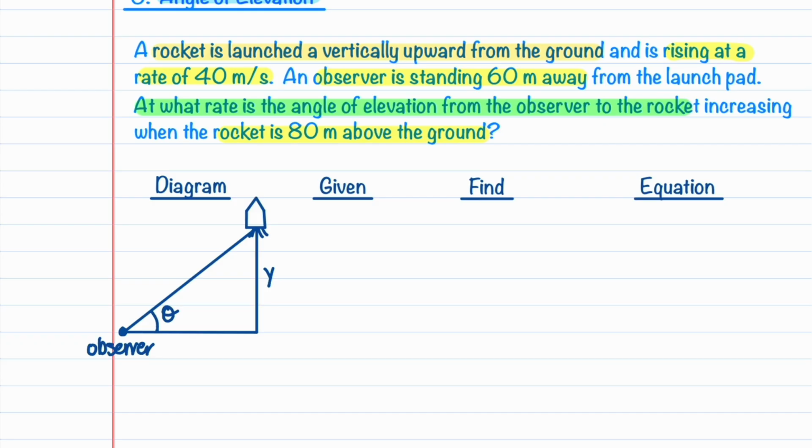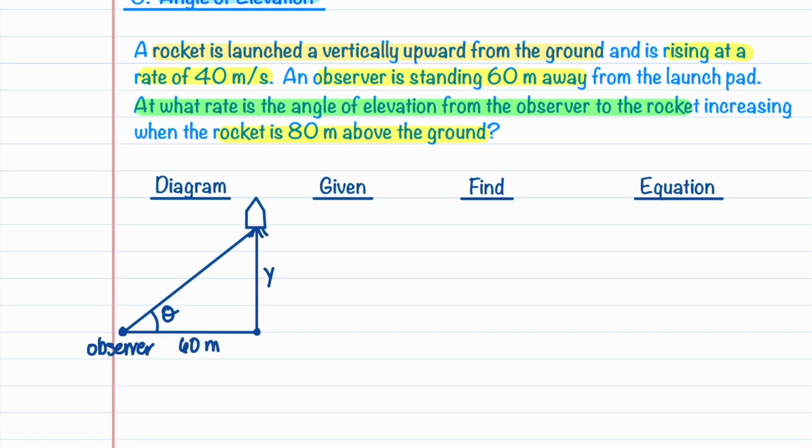The other piece of information that we need to put in our diagram is that the observer is 60 meters away from the launch pad. Here's the launch pad, so this distance is 60 meters. Now let's see what else we're given. We are told that the rocket is rising at a rate of 40 meters per second.